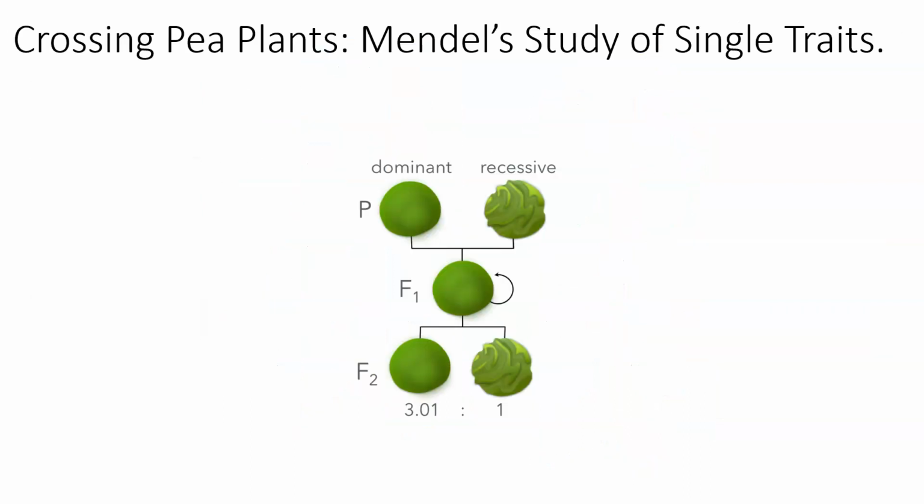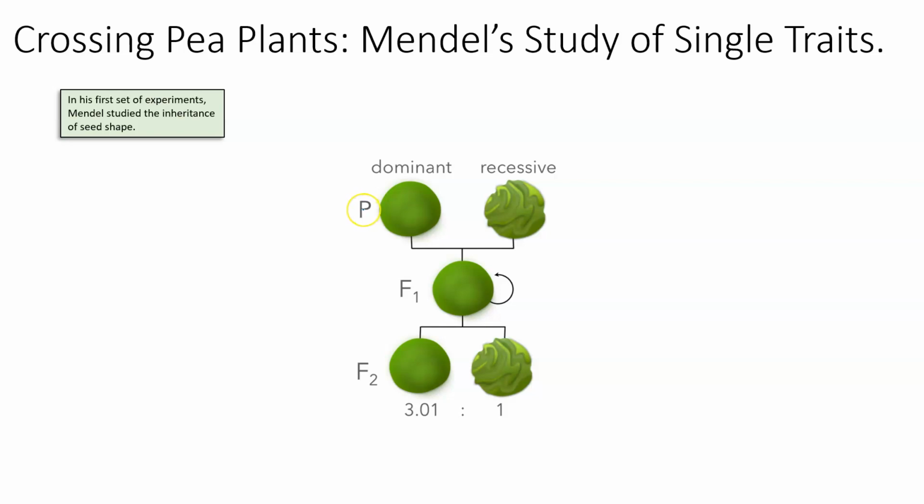So, crossing pea plants, looking at how he utilized single gene traits in order to set up his crosses. The way he set up his crosses was he always looked at a trait independent of all the other traits. For this particular slide, we're using seed shape as the variation that we're looking at.